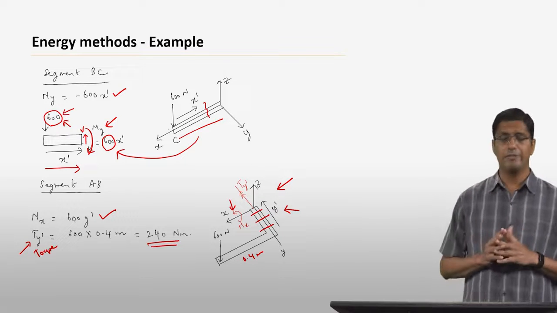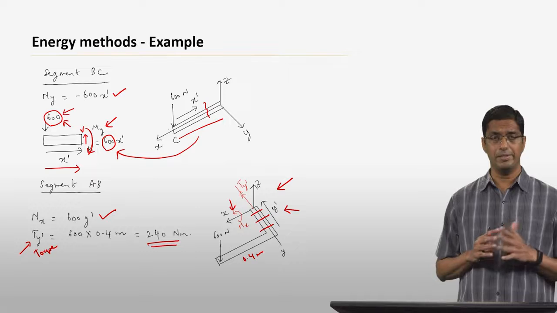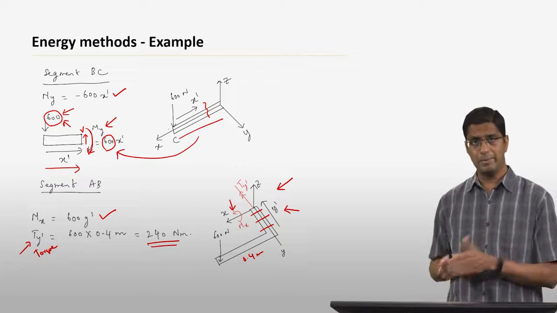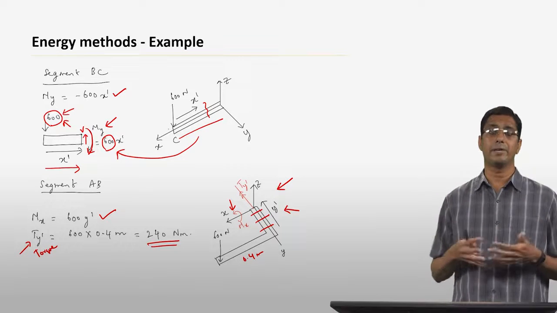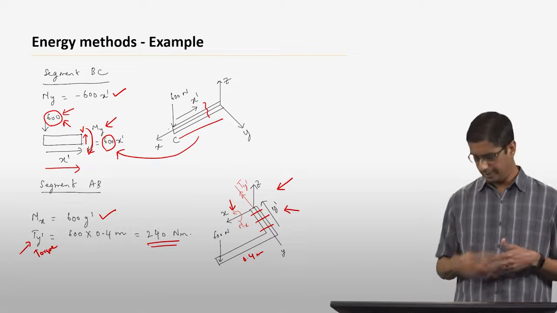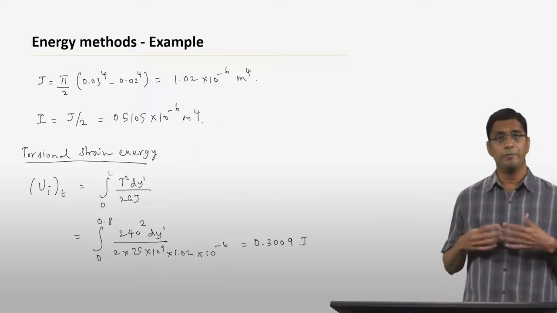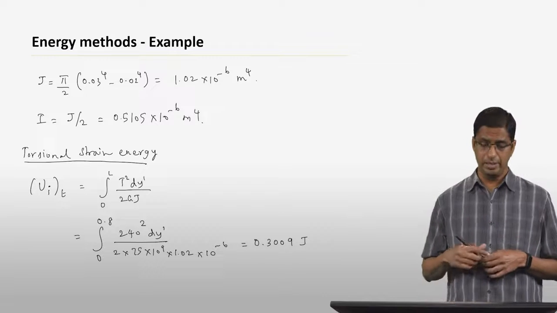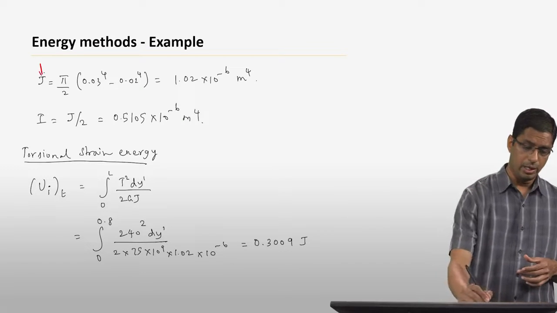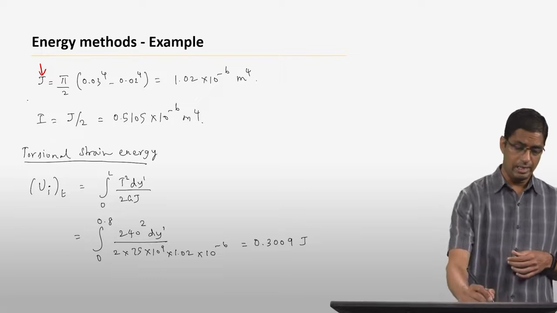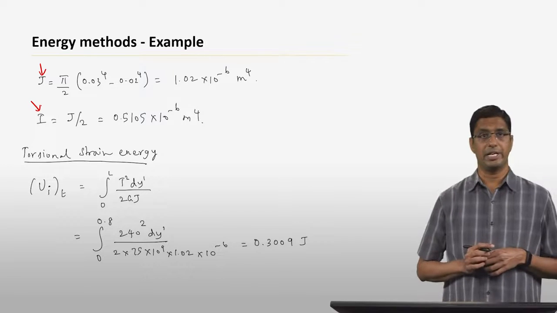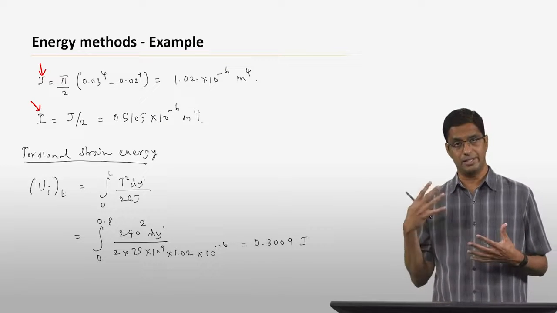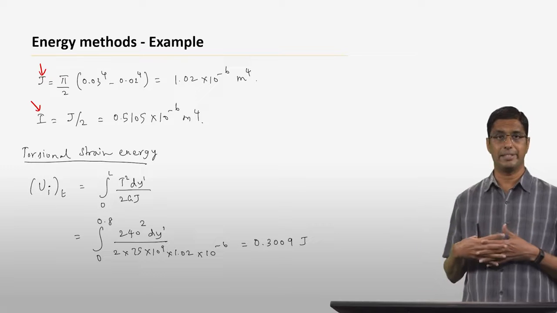Now we have found out the torques and bending moments, and these are the internal bending moments and the internal torques, and that is what we require to find out what the strain energy is. So to calculate the strain energy, first we have to calculate some geometrical parameters, which is your polar moment of inertia J and the area moment of inertia I, because this is required to calculate the torsional strain energy and the bending strain energy.